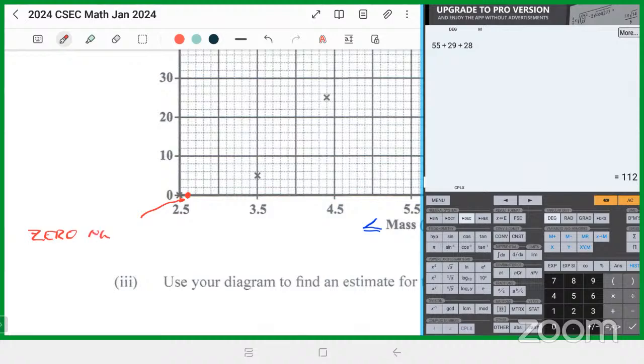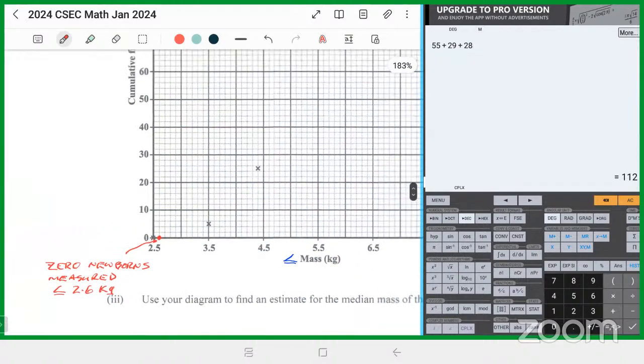Measured. 0 baby measured less than or equal to 2.6 kilograms. All right, that's what it is showing.